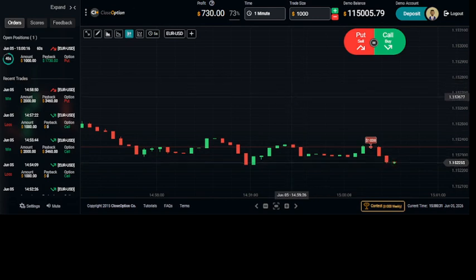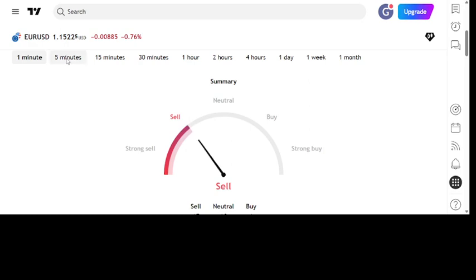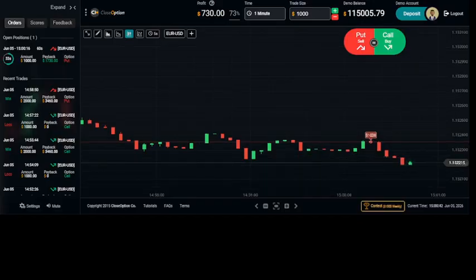Let's go back for a quick second. On the 5 minute it's saying strong sell. On the 1 minute it's saying sell. And actually the price is pushing downward, it looks like here.